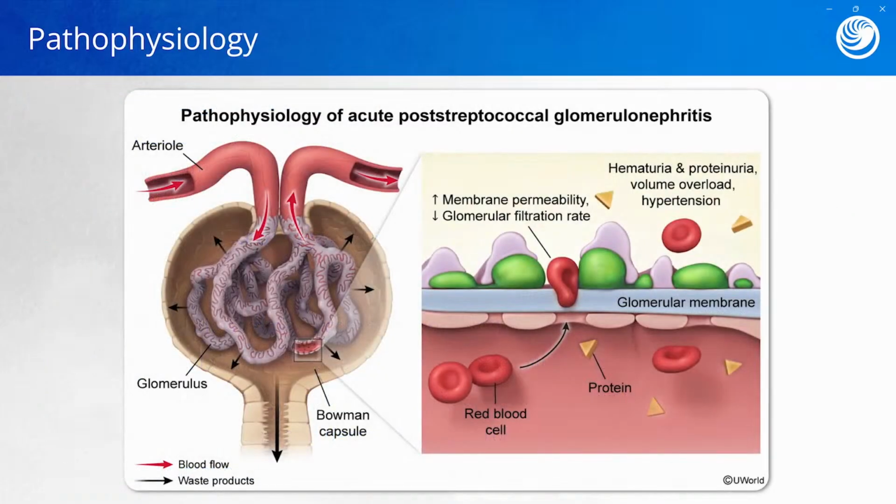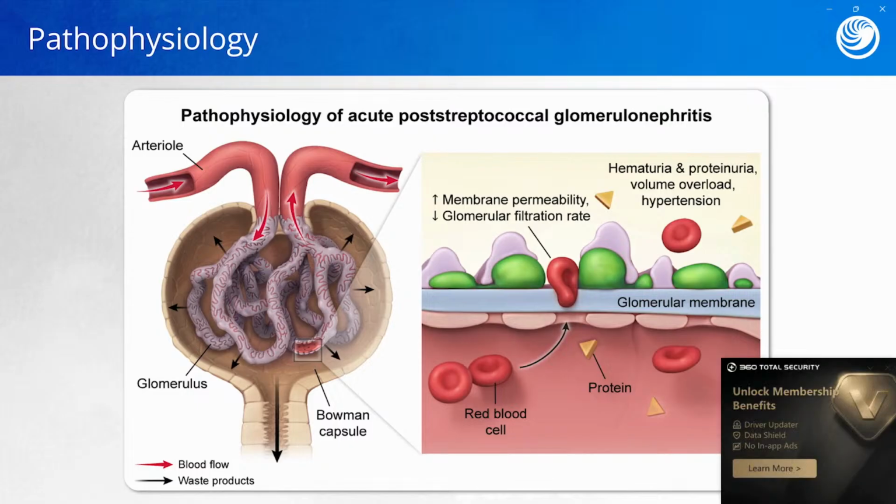This illustration demonstrates to you what we just summarized on the previous slide. When looking at this illustration, the green objects on the picture depict for us what that antigen-antibody complex looks like. As you can see in this particular picture, this is one glomerulus. Now imagine this is affecting hundreds, if not thousands, of glomeruli within the kidney.